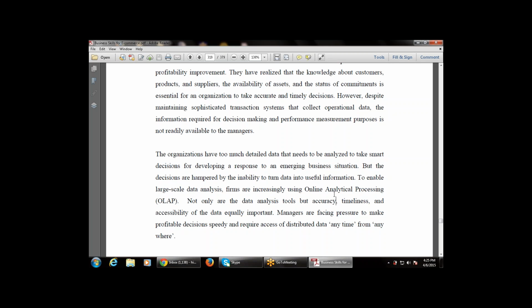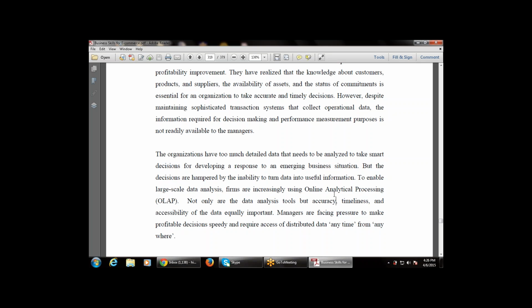OLAP is one of the major analysis tools available to analyze the data and convert it into information that will be used by the managers for different operations.